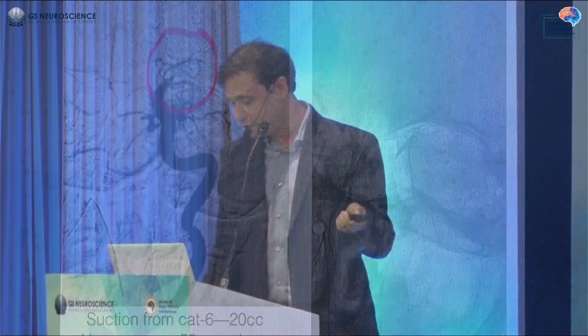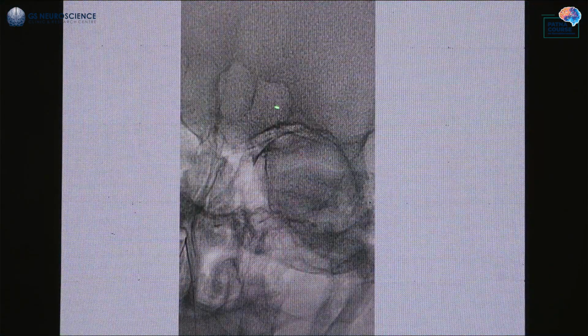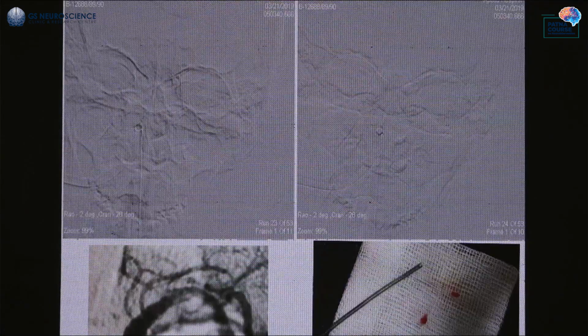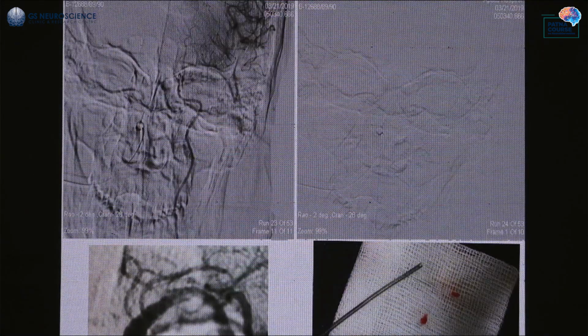So I aspirated. I started aspirating and pulling back the aspiration catheter. The artery opened up. This was the material that came out in aspiration: white plaque material, not the red thrombus as you would see.